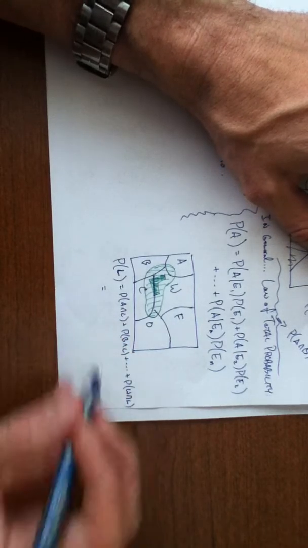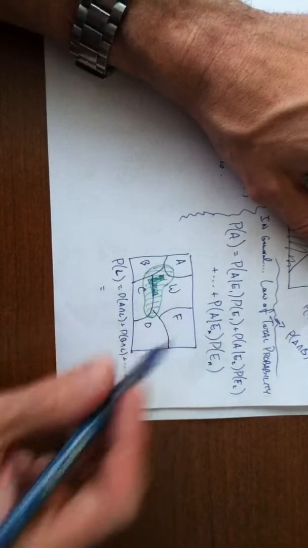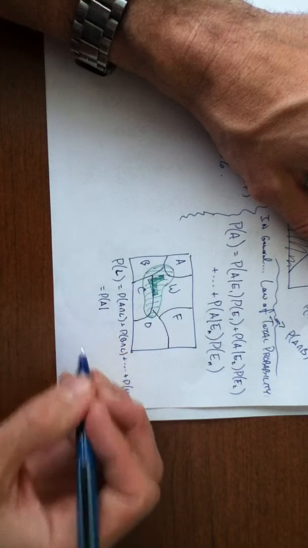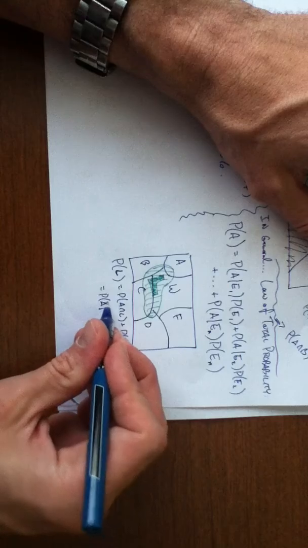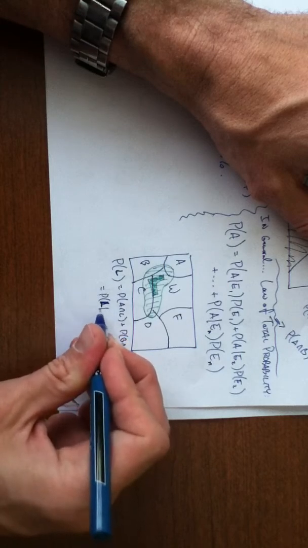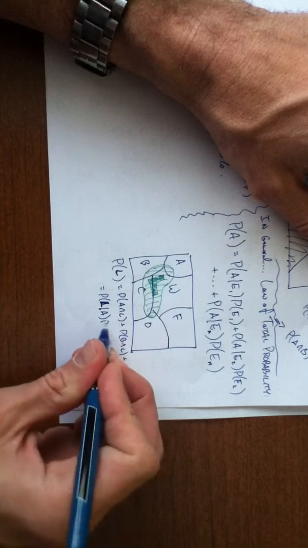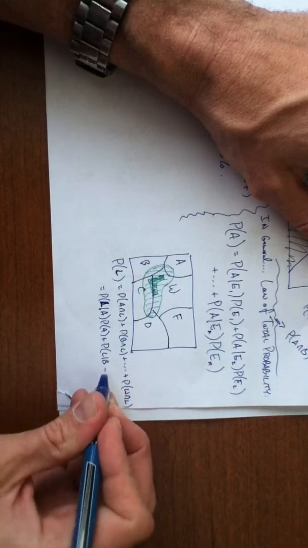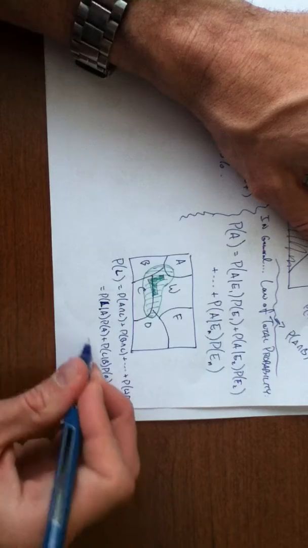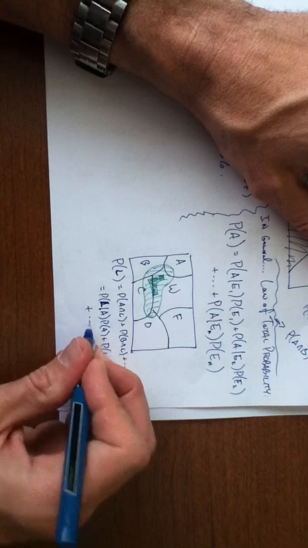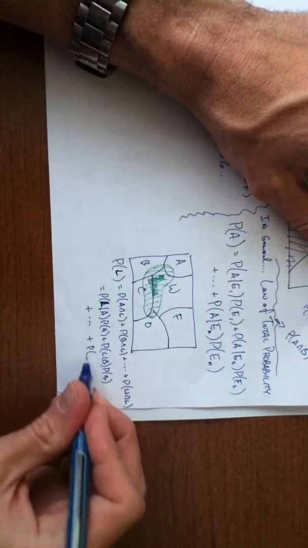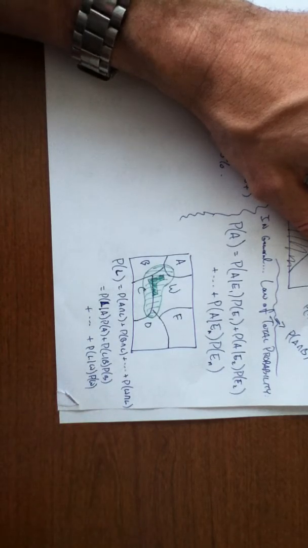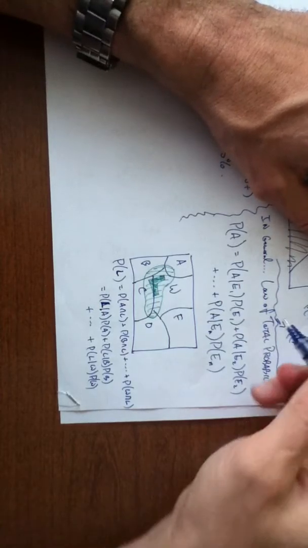And then if I want to write it with these conditional probabilities, it's the chance of L given A times the chance of A, plus the chance of L given B times the chance of B, plus so forth, the chance of L given withdraw times the chance of withdraw. Okay? And so that's kind of nice.